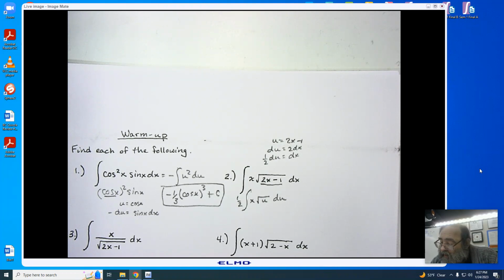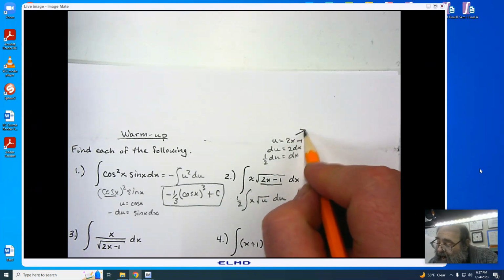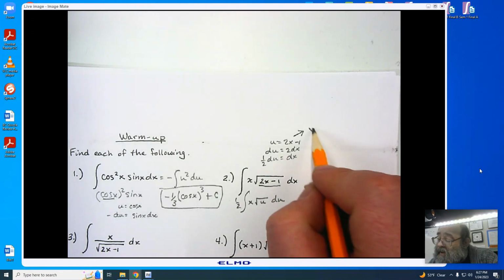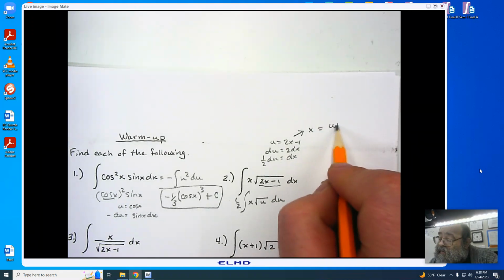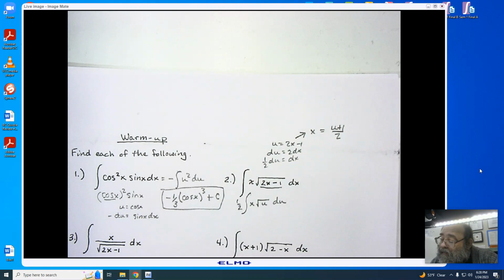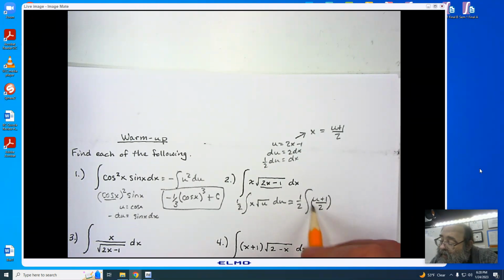So I'm looking through the information, and I see that u equals 2x minus 1. From that I can find that x is really u plus 1 divided by 2. This allows me to then get 1/2 the integration of u plus 1 divided by 2 times the square root of u, or u to the 1/2 power du.